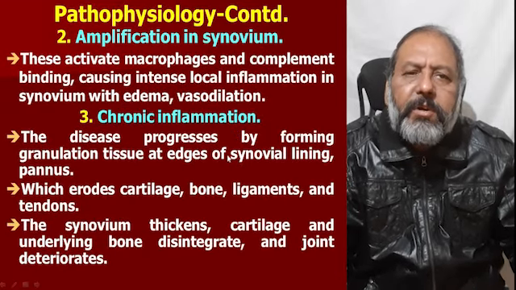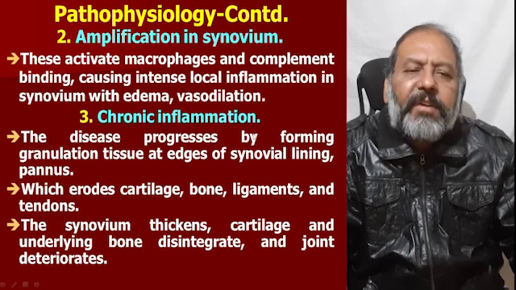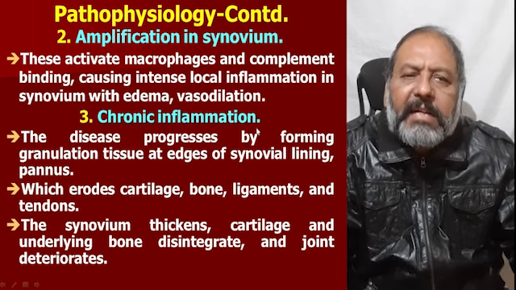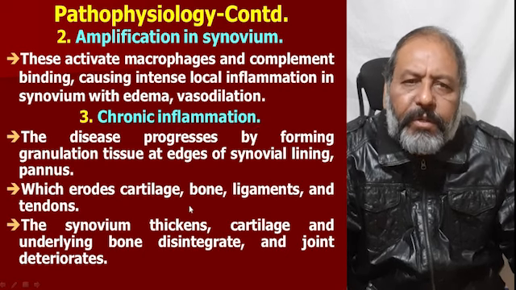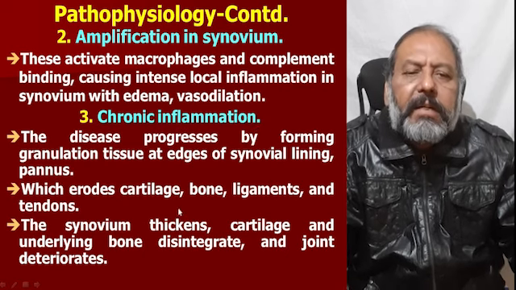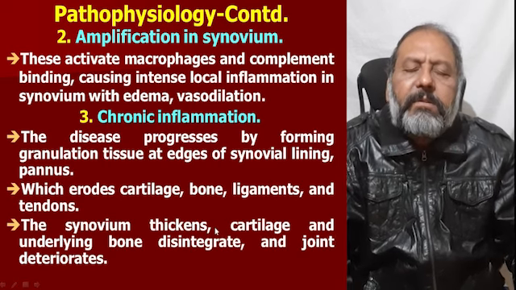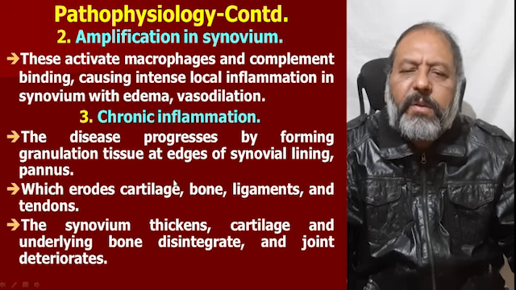Now, continuing the amplification in the synovium, these activate macrophages and complement binding, causing intense local inflammation in the synovium, which leads to edema and vasodilation. The third component in the pathophysiology is chronic inflammation.